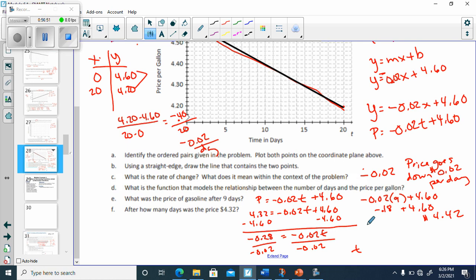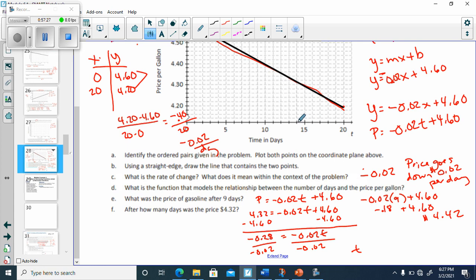And we will divide negative 0.28 by negative 0.02, and that should give me 14 days.